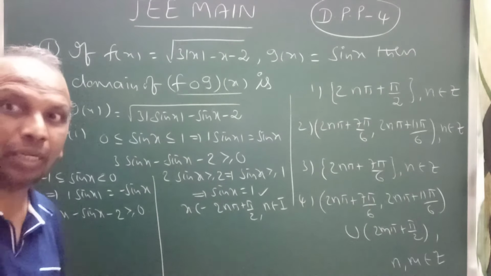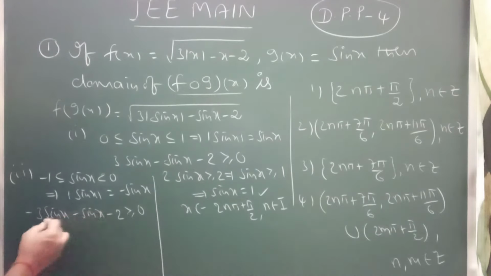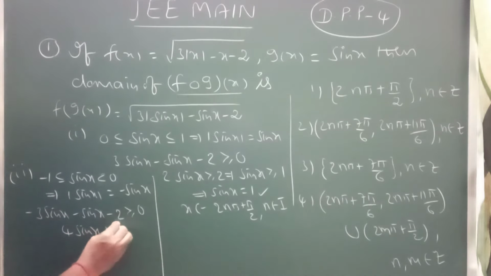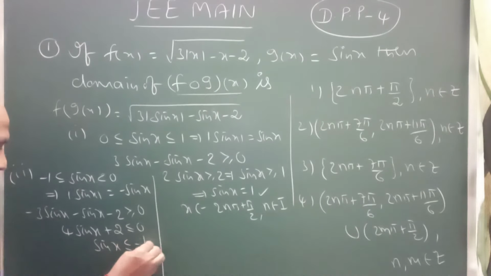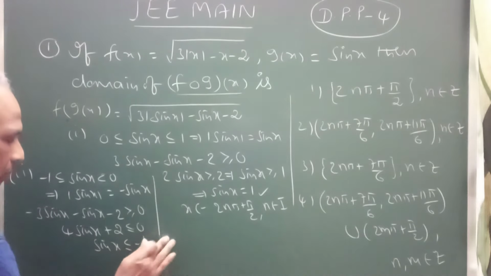Correct. Here you get minus 4 sin x plus 2 greater than or equal to 0, so 4 sin x is less than or equal to 2, and sin x less than or equal to minus 1 by 2 comes.